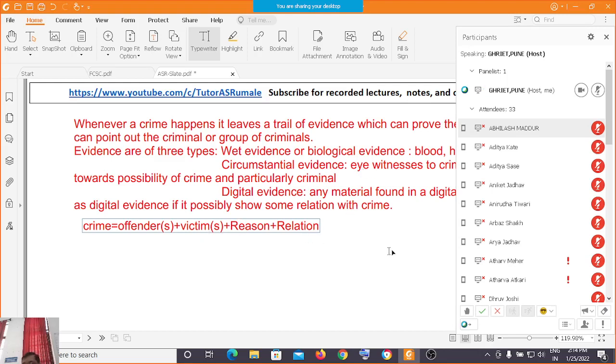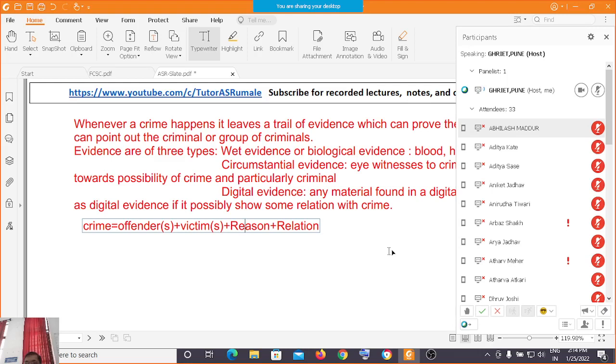To commit a crime, the offender generally builds a certain type of relationship. Generally, the victim knows the offender in advance. 95 to 97% of the time, the victim and the criminal were from a known area, meaning they know each other somehow.